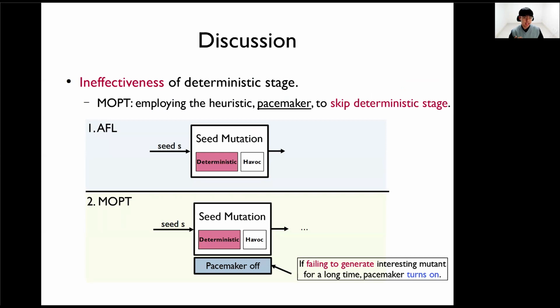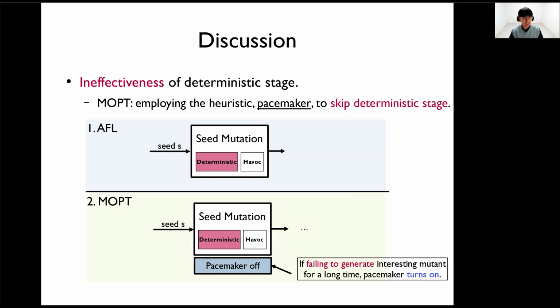So if you use AFL a little bit seriously, there is a fact that most people probably notice. The fact is that when testing real-world programs having more than millions of lines of code, the deterministic stage very often contributes to reducing the overall effectiveness of fuzzing.